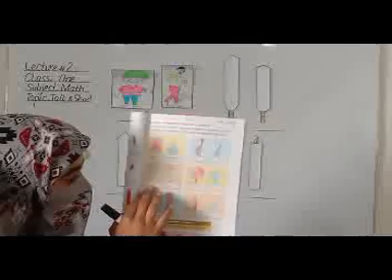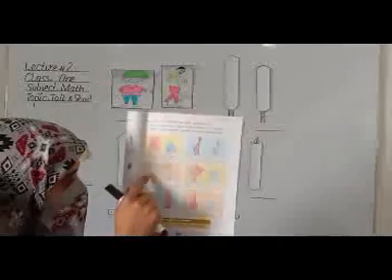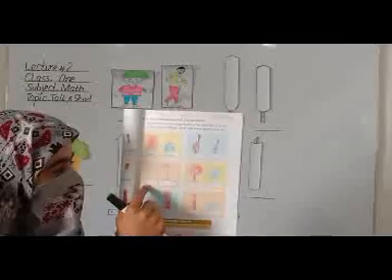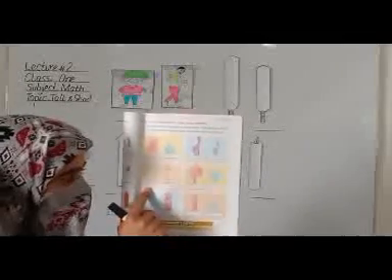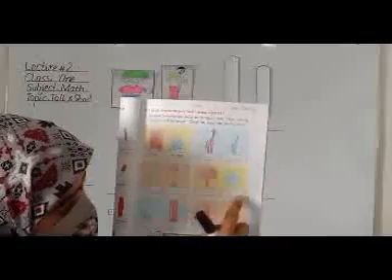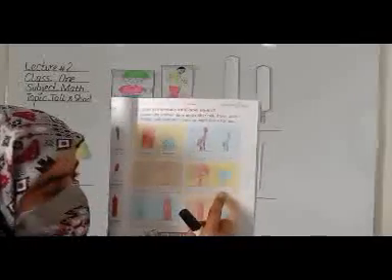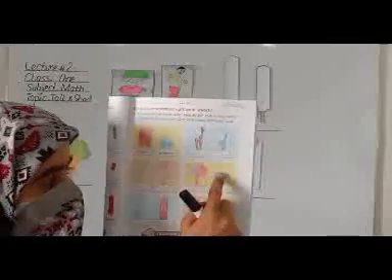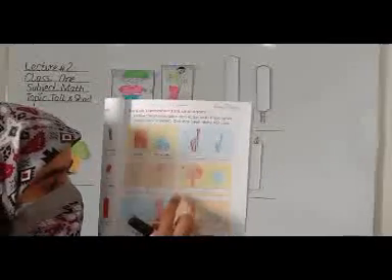Okay, here we have the two lamps. We compare the size and color the shorter blue and the taller red. There are two trees. This one is taller and this one is shorter.